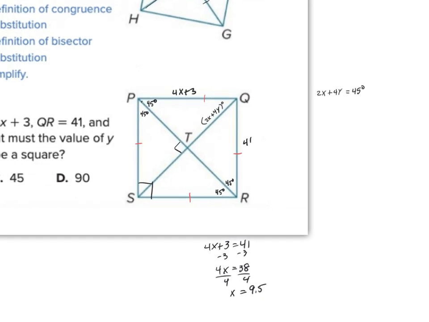Okay. So now if I know that x is equal to 9.5, this should be 2 times 9.5 plus 4y, equals 45. So I have 19 plus 4y equals 45. Subtract 19 from both sides. 4y is equal to 26.